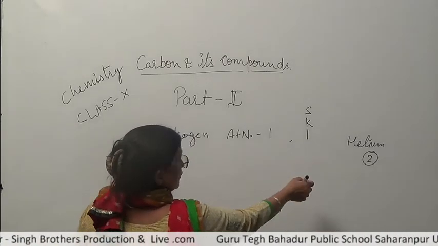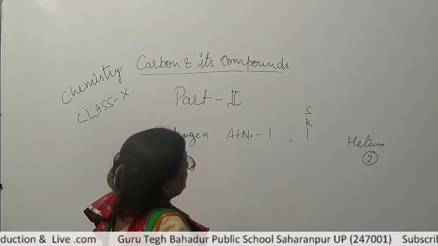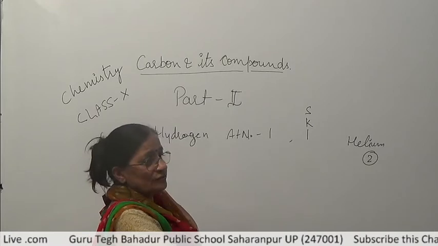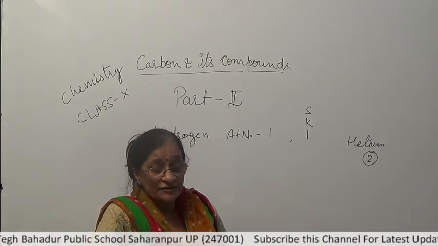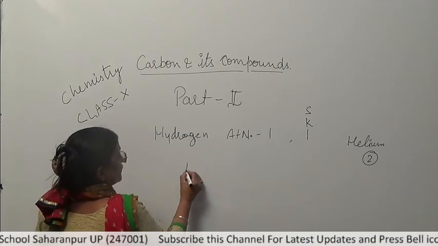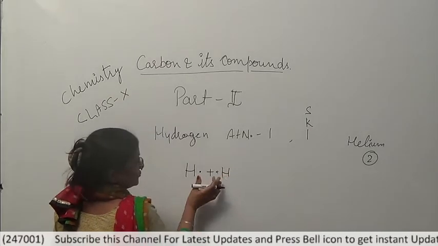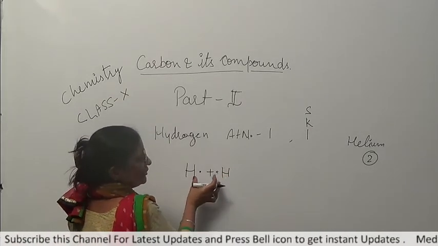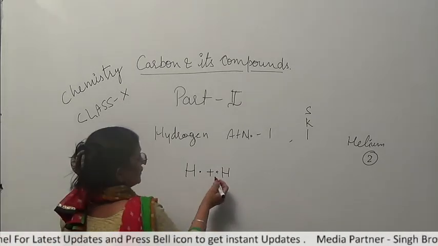So to attain the structure like that of helium, hydrogen also wants 1 electron. So in case of hydrogen, it does this by sharing its 1 electron with another atom of hydrogen like this.